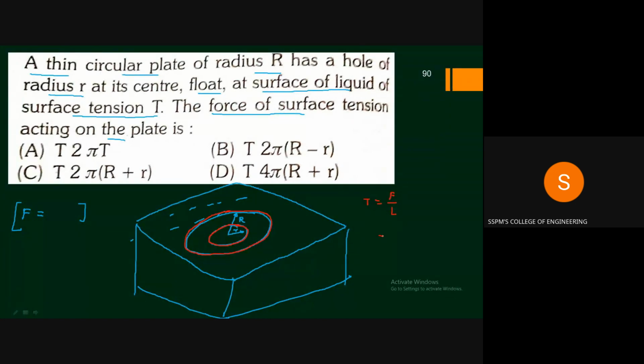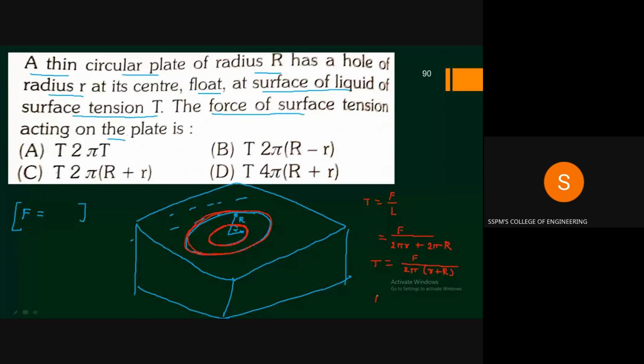The length for the inner layer is equal to the circumference of the inner circle, which is 2 pi r, plus the circumference of the outer circle, 2 pi into capital R. So T is F upon 2 pi in bracket (r plus R).